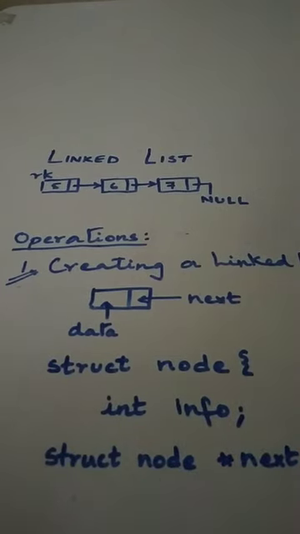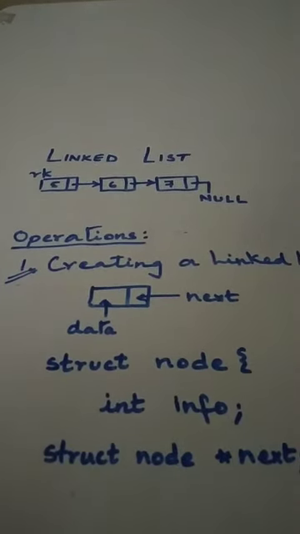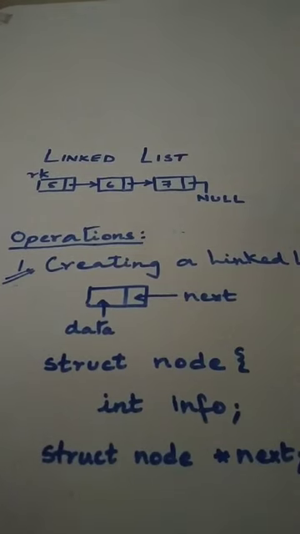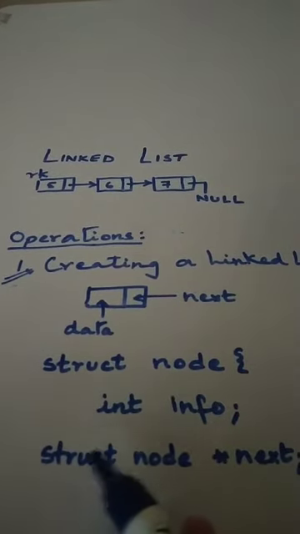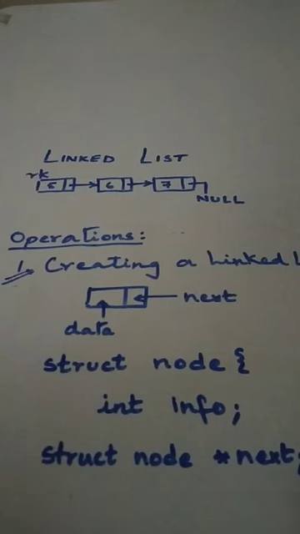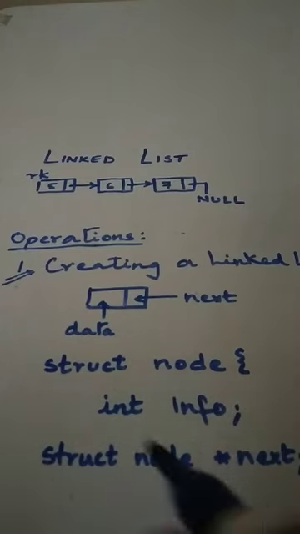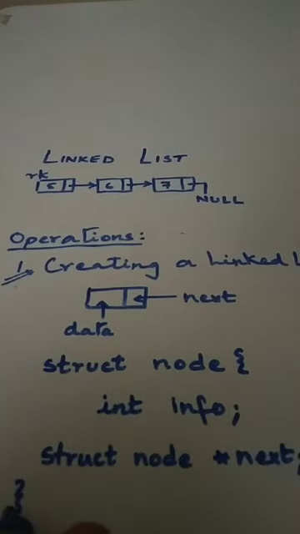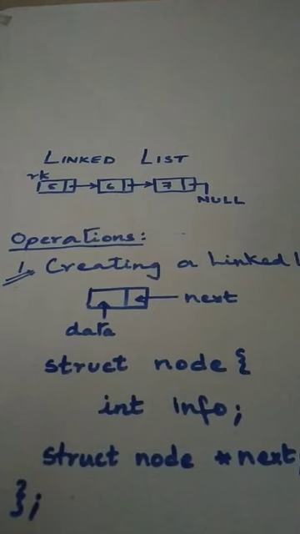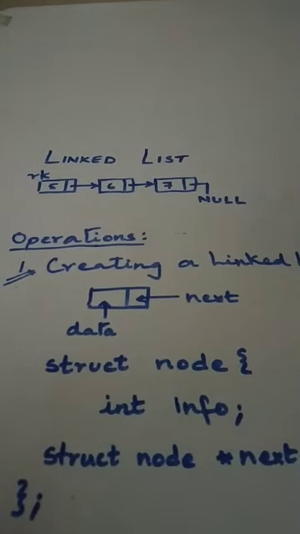Okay, if you have missed, there is a semicolon there. So struct node star next, meaning pointer next pointing to a node. So I close this structure. This is how we create structures in C, and this is how I have just created a node.